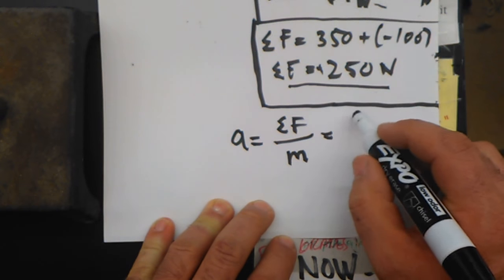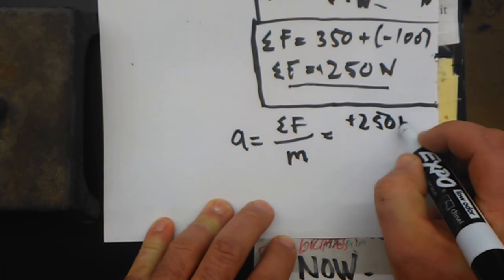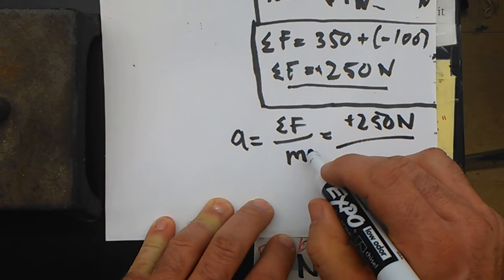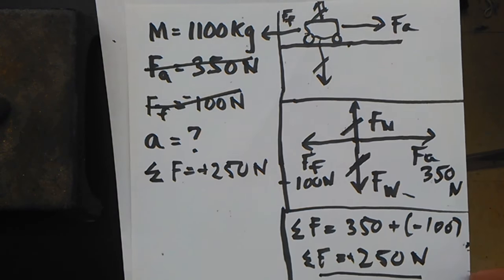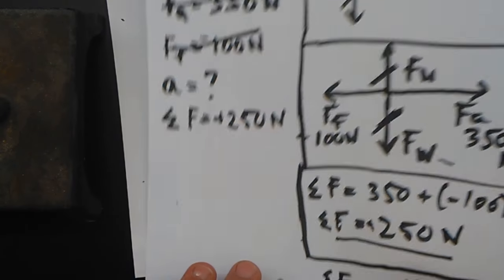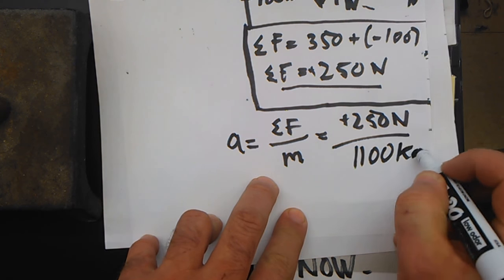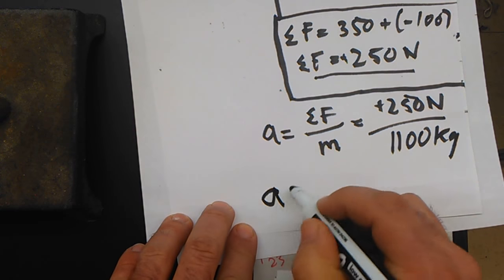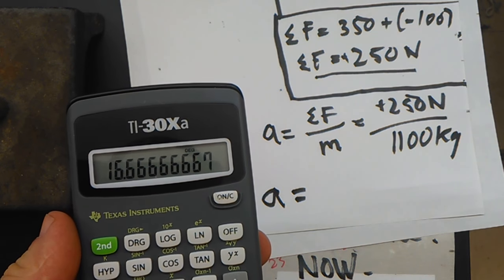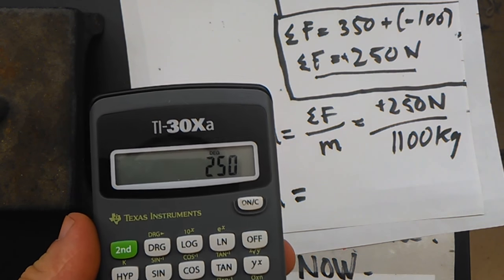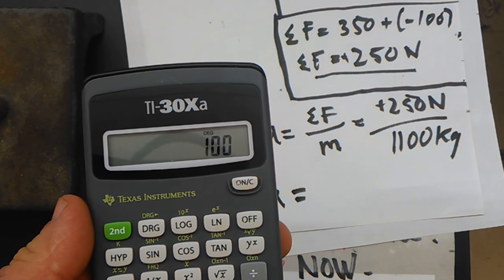Net force, I ended up with positive 250 newtons. Mass of the car, if I look back up here, it's 1,100 kilograms. So I would just plug 1,100 kilograms into there. And then I would grab the calculator, which is fine. And I would go with 250 divided by 1,100.